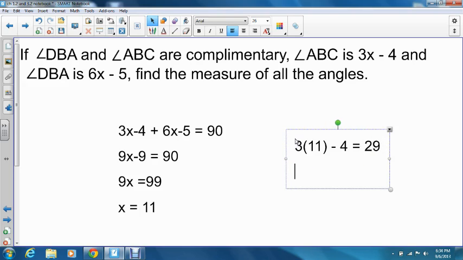And hopefully the value that we get adds up to 90, so I'm going to do 6 times 11 minus 5. 6 times 11 is 66. 66 minus 5 is 61. And if I add 29 and 61 together, I do get 90 degrees, which is what we're looking to get to, so we know that what we did was correct.